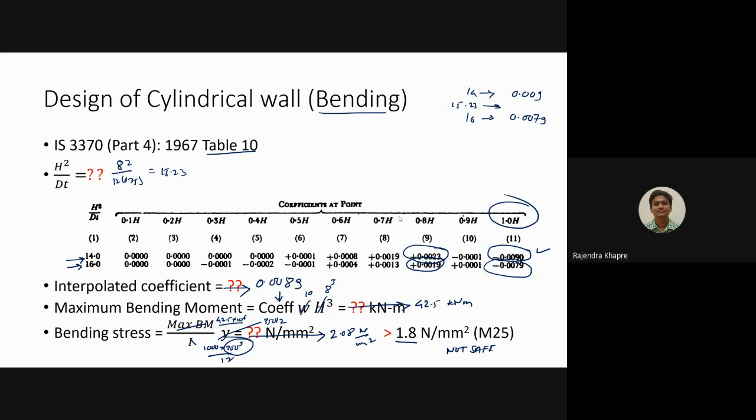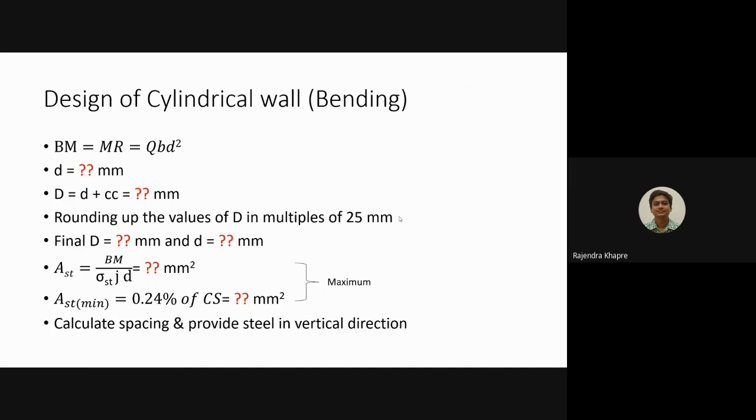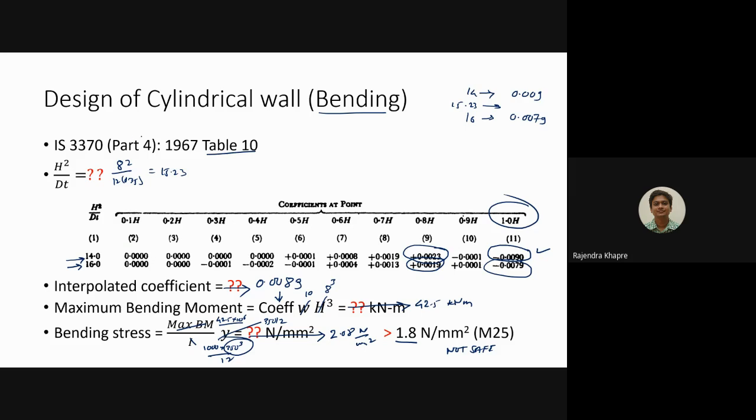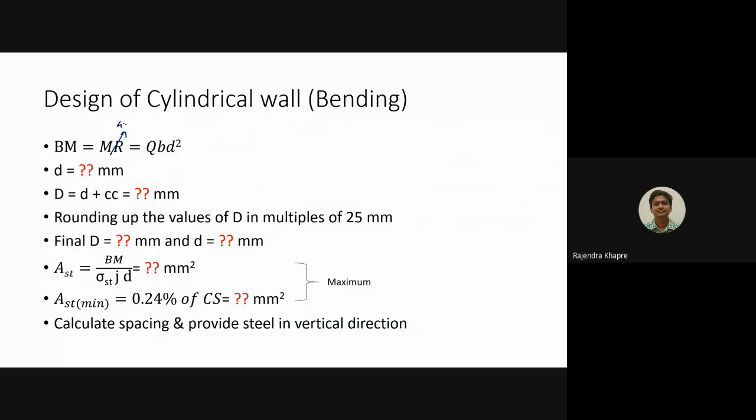Then you have to redo the calculation for bending moment. I am continuing with the same bending value, that is 42.5 kilonewton meter. So for this how much depth is required, that I am going to calculate.